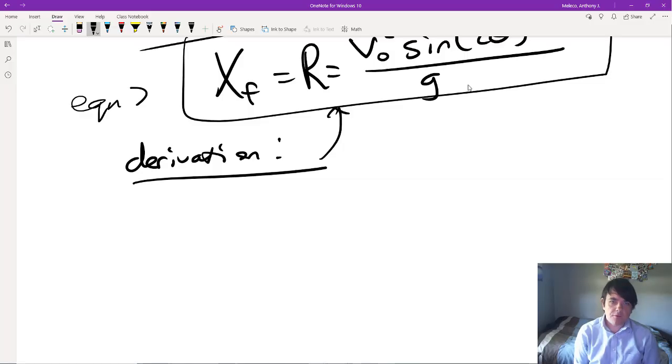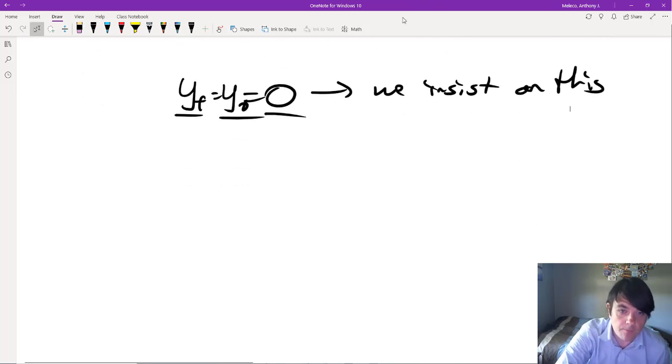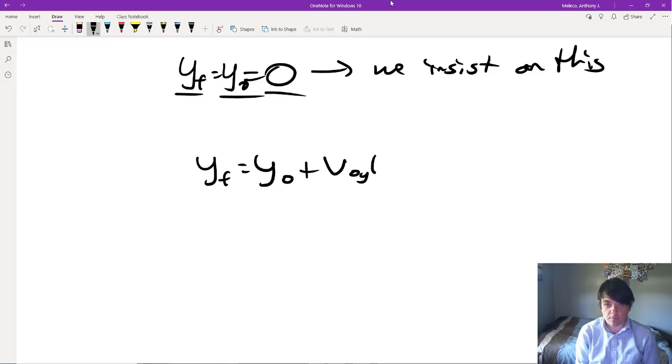So, derivation for this particular equation. Y final equals Y initial equals 0. Okay? This is what we insist on. This is how we derive this thing in the first place. This is how we get this equation: we say, well, what happens when Y final equals Y initial? So if you look at this equation, this is the equation we're starting with.